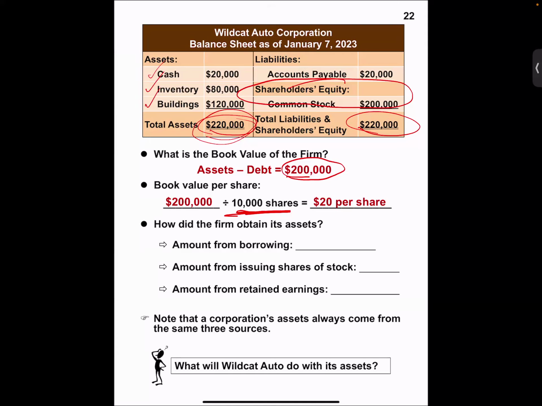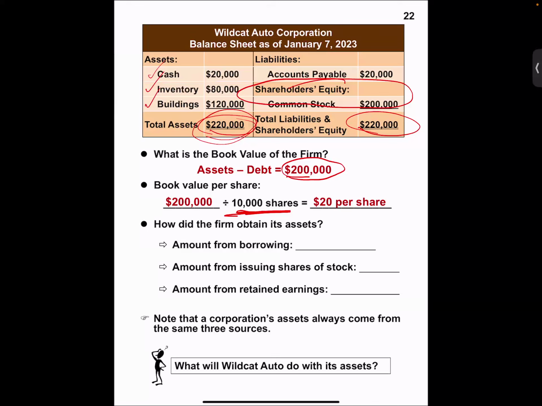Those will always be the three sources of funding, how companies obtain their assets. So either it can be from debt or equity, and equity has two parts: the paid-in capital, which is proceeds they receive from issuing stock, or retained earnings.